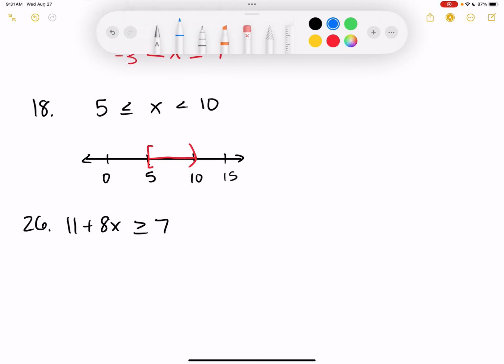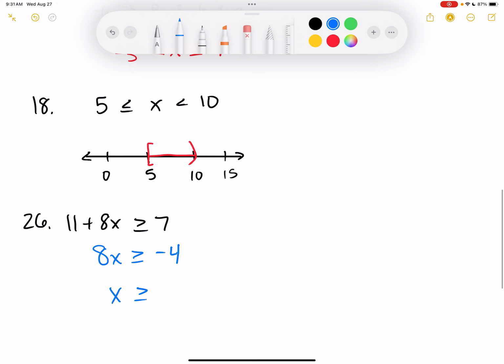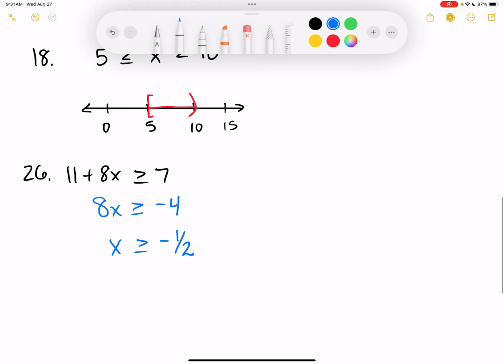So move the 11 over. 8x is greater than or equal to -4. Divide by 8. X is greater than or equal to -1/2.